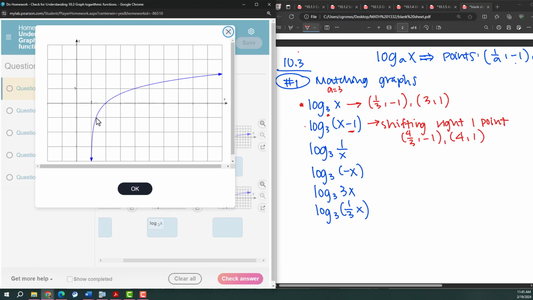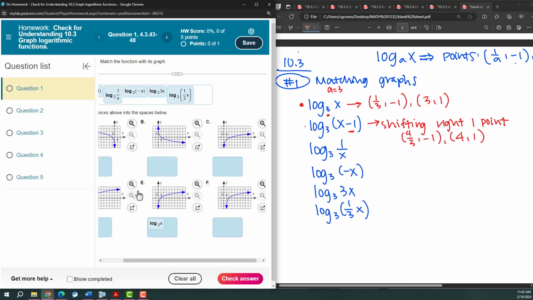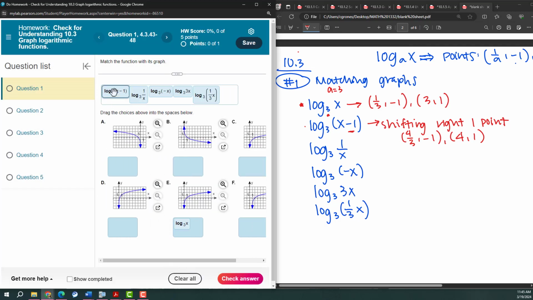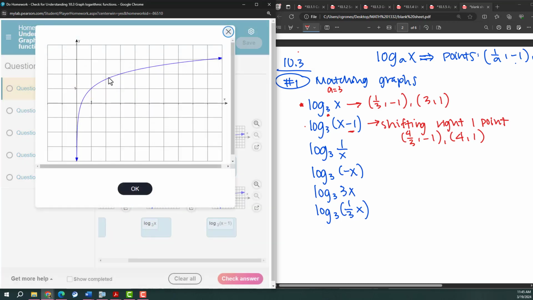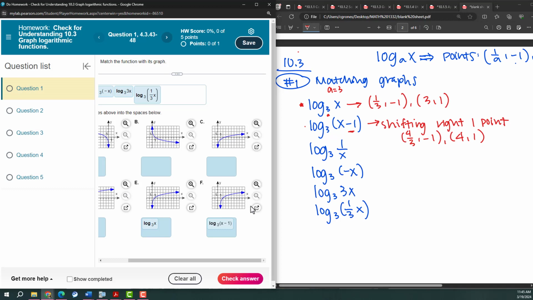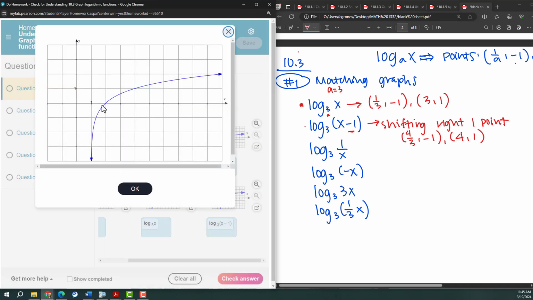So 1 1/3, and then -1 would be right here. So I think it's going to be F. Let me look at D. Okay, it's not D. So yeah, it's F, because it's going through our point 4, 1.